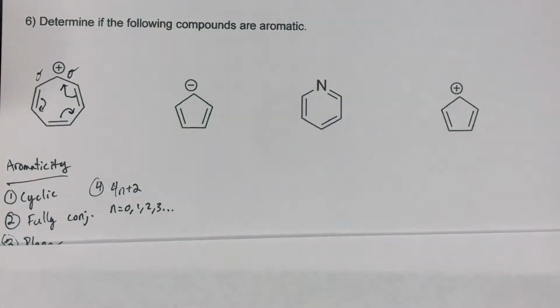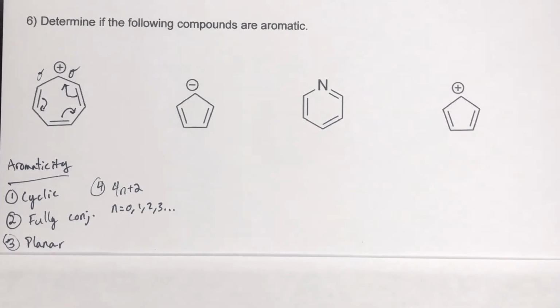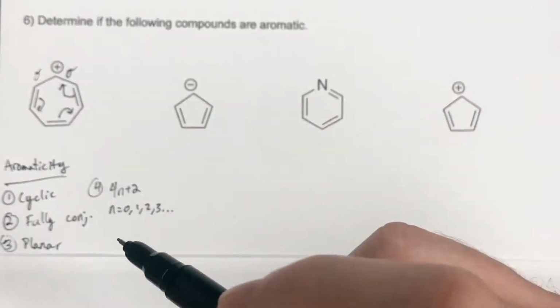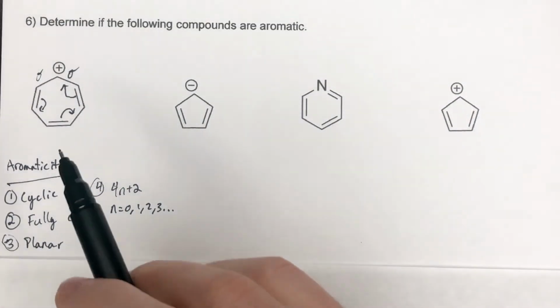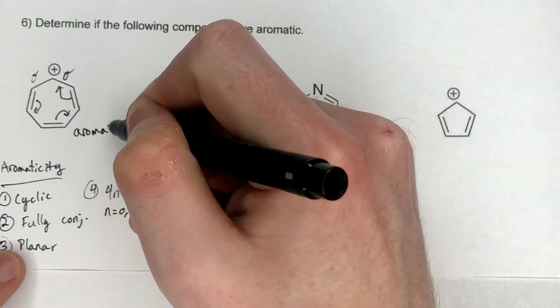So what this does is put that positive charge at 4 distinct carbons, making it such that the totality of the resonance hybrid is fully conjugated and therefore follows the aromaticity rule, which is the same for planarity. All carbons are sp2 hybridized, so they follow planarity. So now, does it have a Huckel theory number? Well, it has 3 pi bonds. That's 6 pi electrons, so this is aromatic.